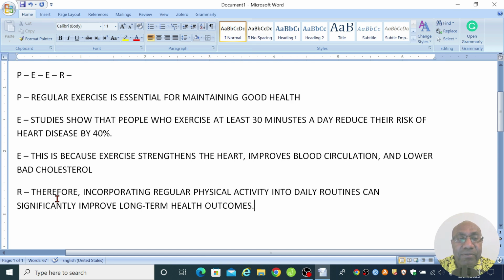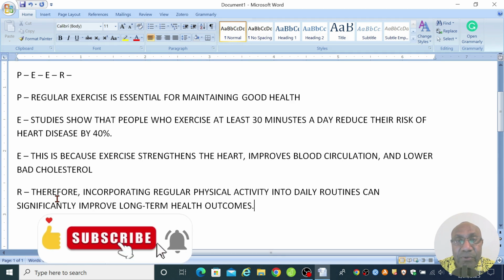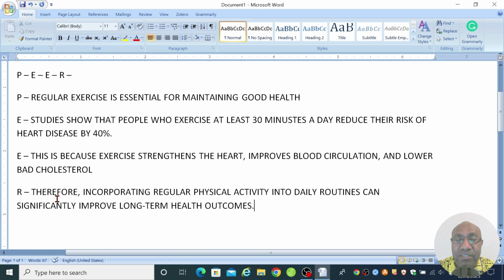Also, I suggest read good articles from good journals, and you will see that the paragraphs are well written. And when you start reading, you can easily see that the first sentence of each paragraph will show the main point, and then the following sentences will most times follow the PEER structure or PEEL structure to expand and to elaborate the point.